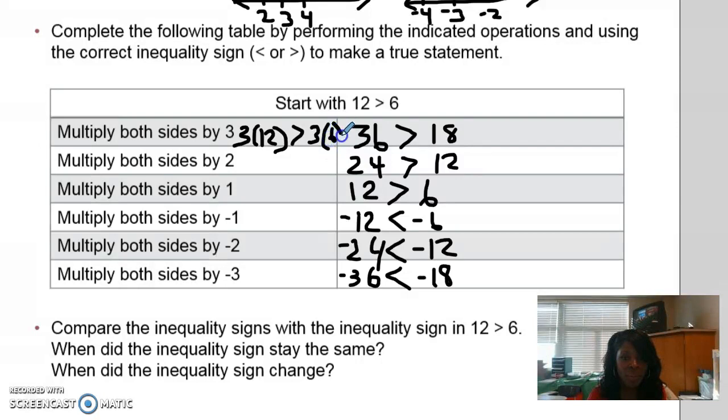So it remained the same. But when we did -3 times 12 and -3 times 6, the direction of the sign actually switched in order to make the inequality true. So we have -3 times 6. Let's squeeze that in there. Okay, so what are the implications of this?